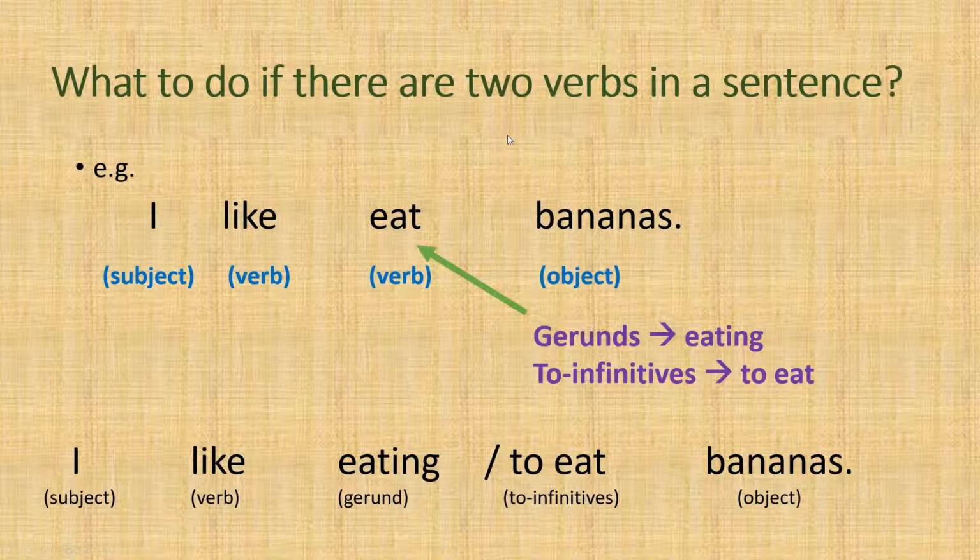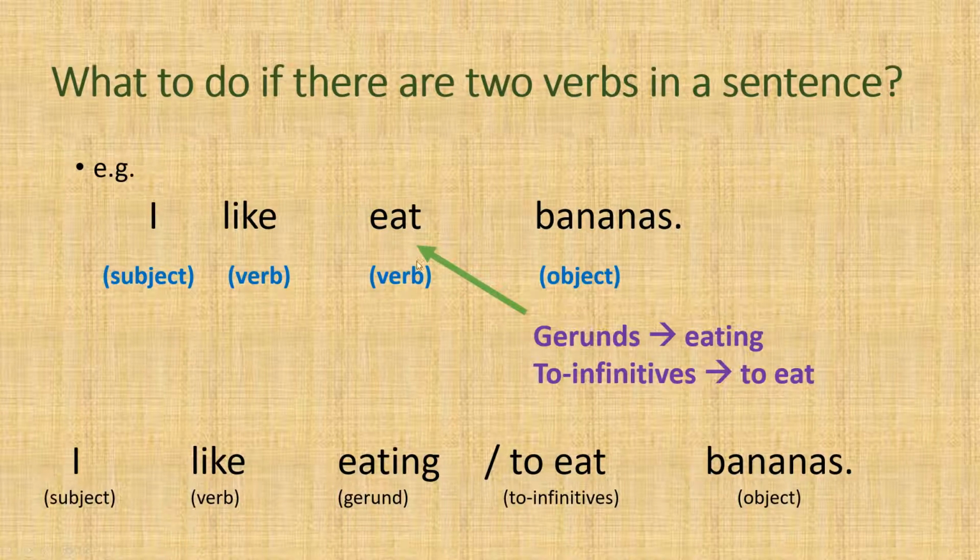We can use gerunds or to infinitives to deal with this. Now take a look at this example. Again, the same example. I like eat bananas. So in this case, we have two actions here. The first action, or you can say the first verb, is like, and the second action, the second verb, is eat.